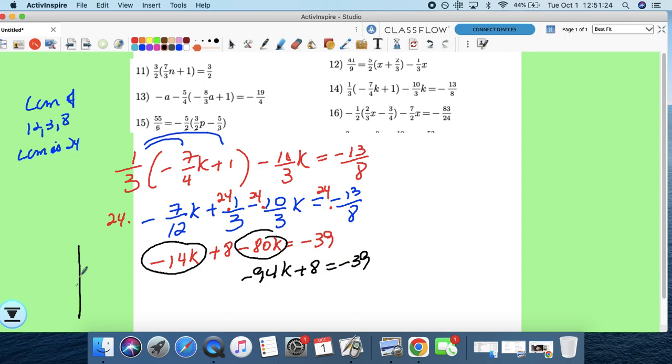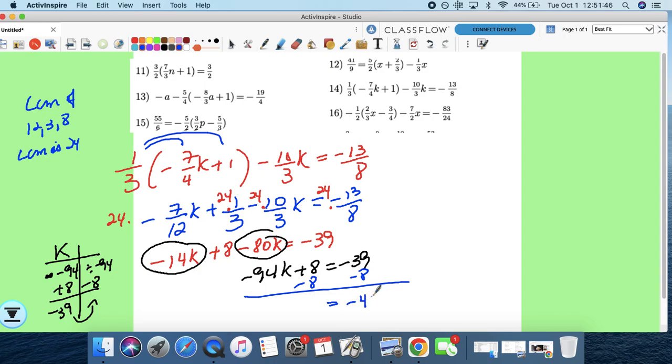Well, we can do this. Those of you who see the variable k, it's being multiplied by negative 94. Add 8 to it, and then it gives me negative 39. So we're going to do minus 8 to both sides and divide by negative 94 on both sides. Minus 8, minus 8. And that's going to give me negative 47.